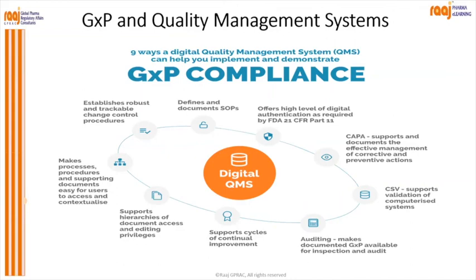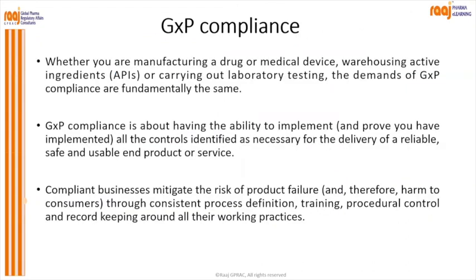And there are so many things which I have already spoken about. So in the end, whether you are manufacturing a drug or medical device, warehousing active ingredients, or carrying out laboratory testing, everything demands GxP compliance, and it is fundamentally the same. Everywhere it is the same.